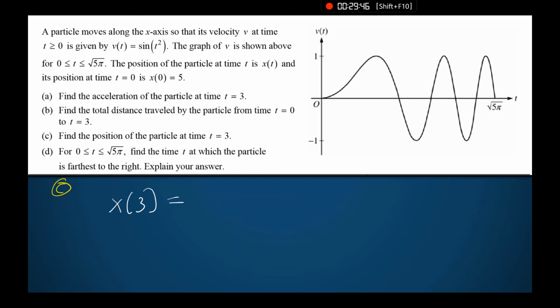Junho, we're over to you. So I'm going to find the position at t equals 3. What do I have to do? Integrate velocity. Okay, I'm integrating from 0 to 3. That'll tell me how much my position changed from 0 to 3, if I integrate our velocity. And then if this is how much my position changed, what do I have to add?